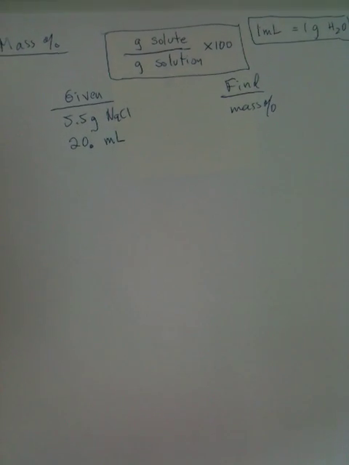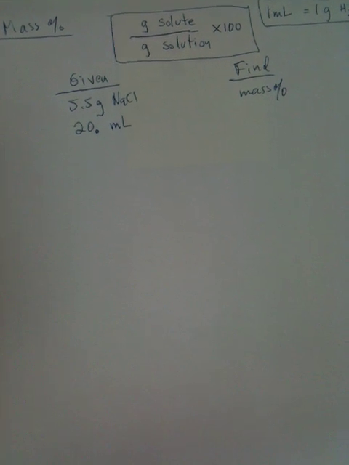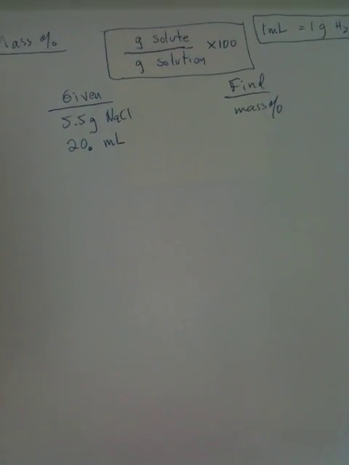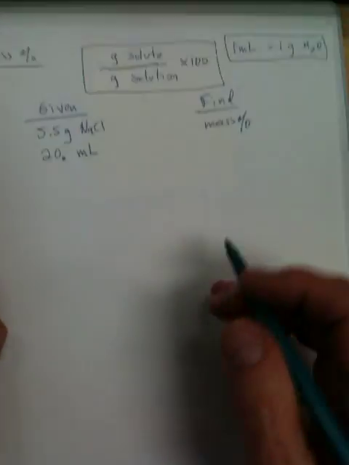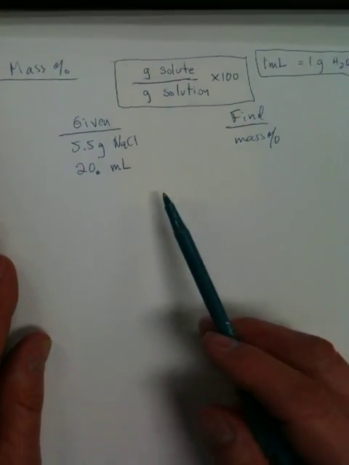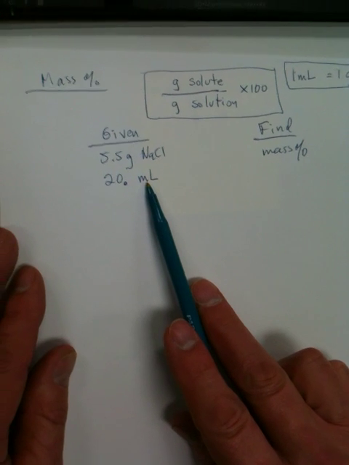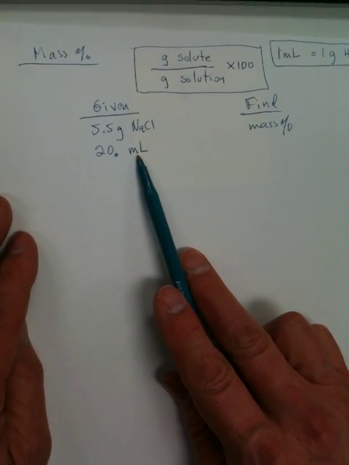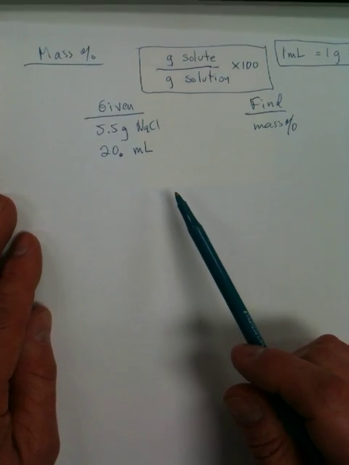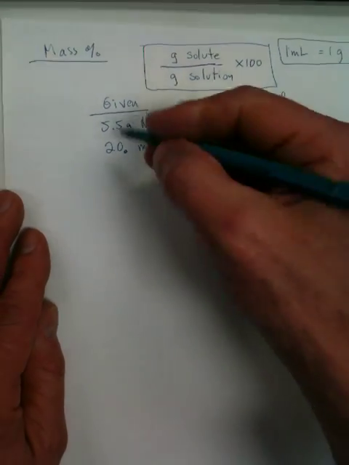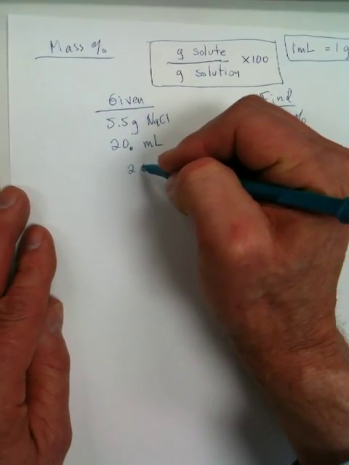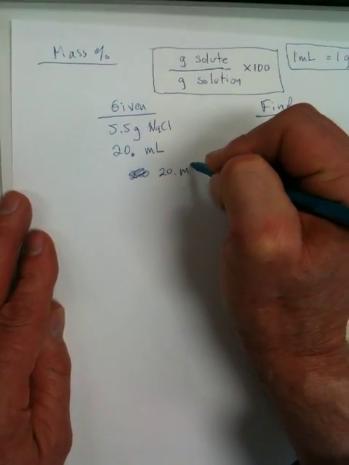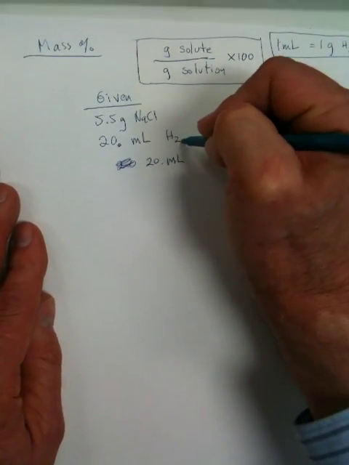Okay, let's go to Kevin. How are we going to get this to go? We don't have grams here, so what could we do to get this into grams? It isn't water. This is water.